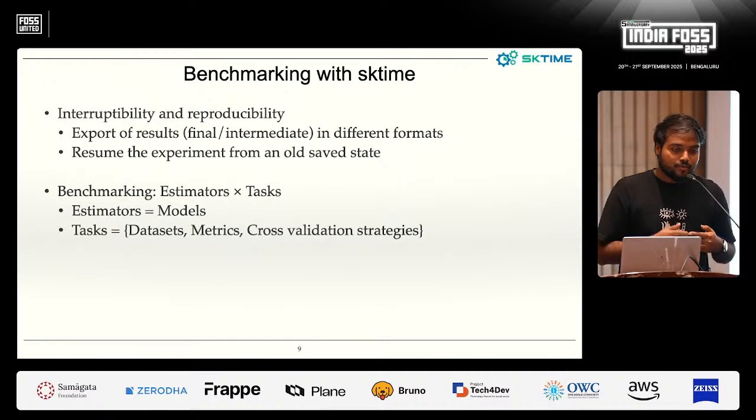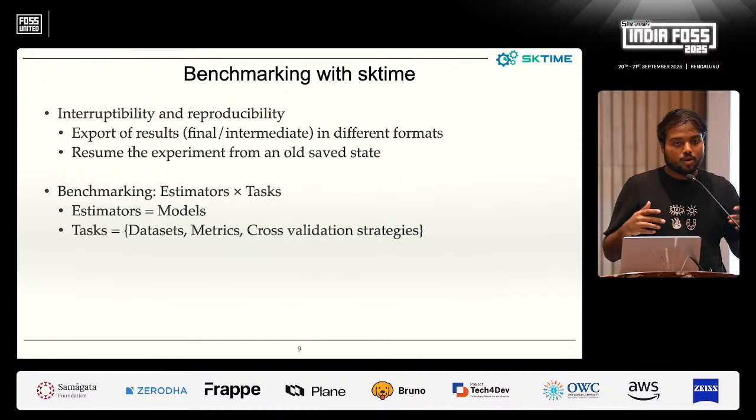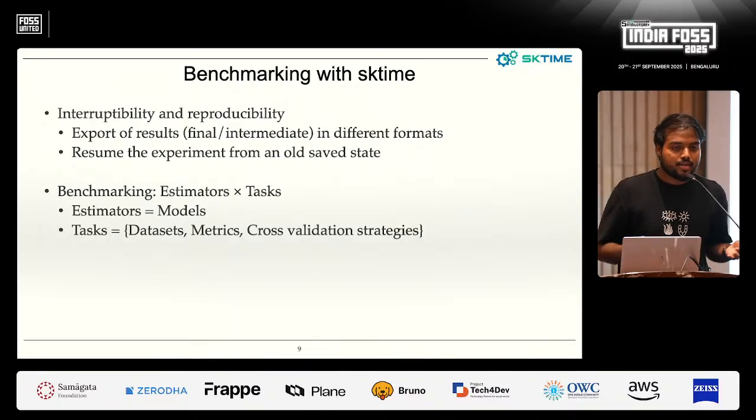Benchmarking is performed in skTime across a combination of estimators and tasks. Estimators are basically the models, and tasks can be datasets, metrics, and cross-validation strategies. So let's say you have one model and 150 datasets, then that one model will be run with all those 150 datasets, and the same way with metrics and cross-validation strategies.